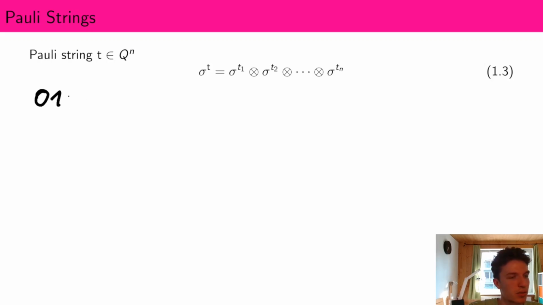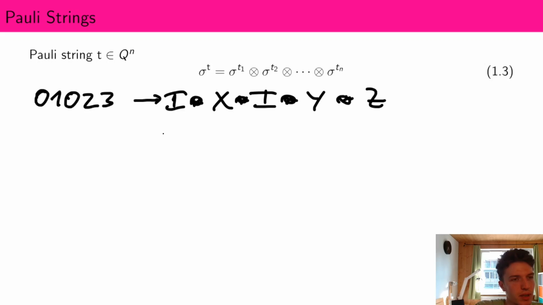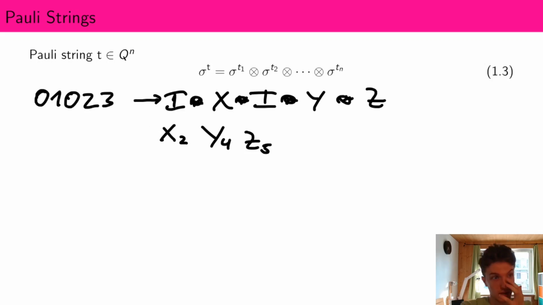So for example, 0, 1, 0, 2, 3 would correspond to identity tensor X, tensor identity, tensor Y, tensor Z. Or one can also describe it as X2, Y4, Z5 if one wants to indicate the positions where the Pauli string has non-zero entries, so non-identity Pauli matrices.